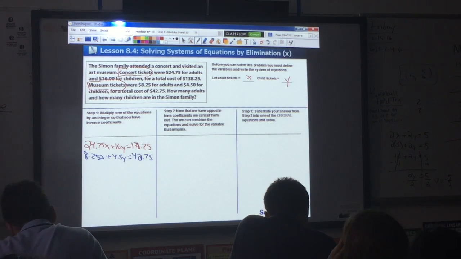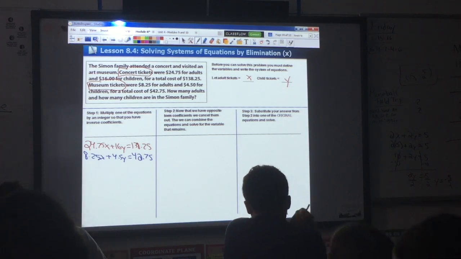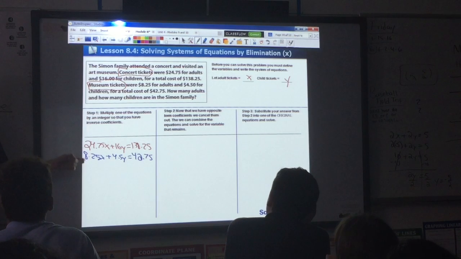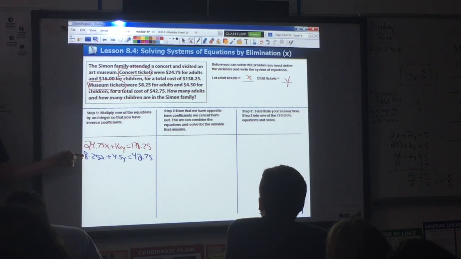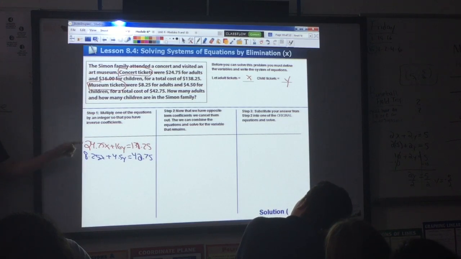So once I have the system written, I then have to go in and look at my coefficients to see if I have any multiples. So I look at the x's first, and I ask myself, okay, which one of these is smaller, 24.75 or 8.25? 8.25. Does 8.25 go into 24.75 evenly, yes or no? Yes. How many times? 3 times.